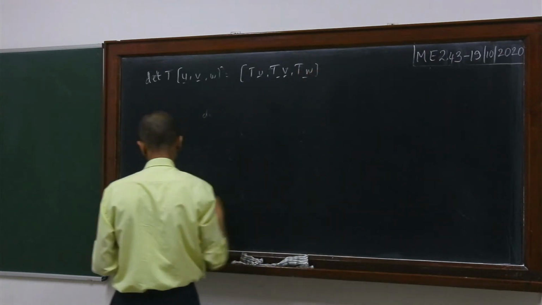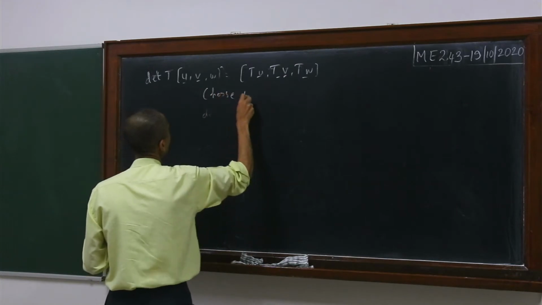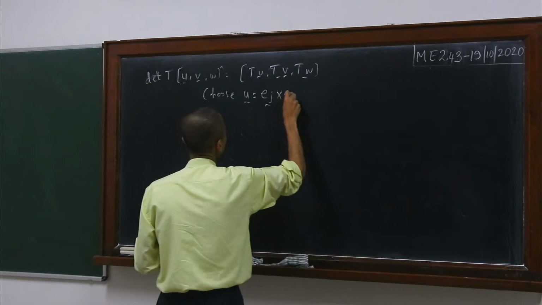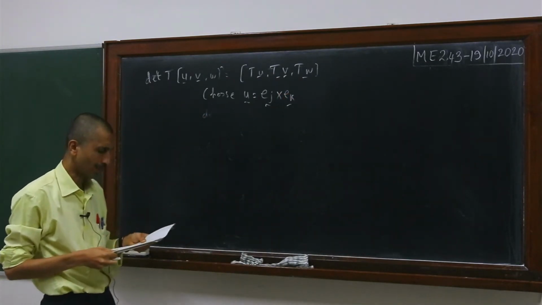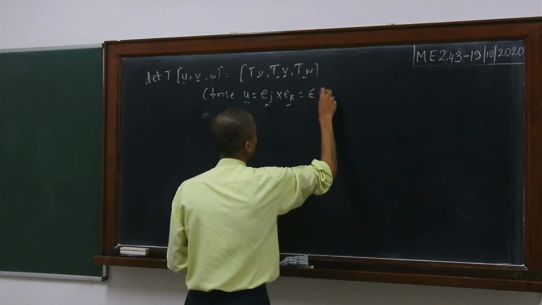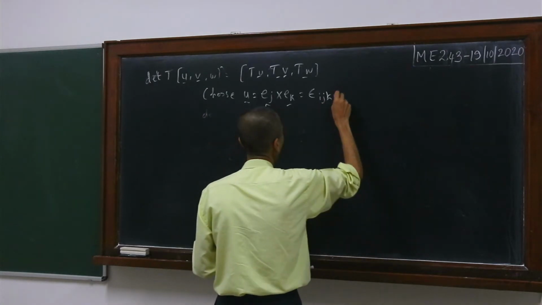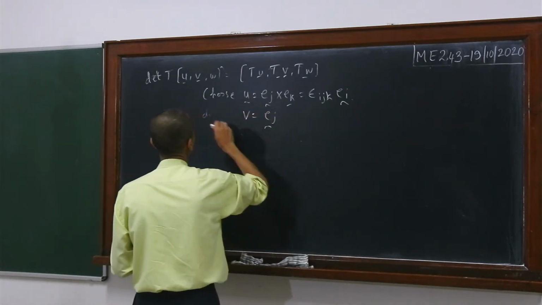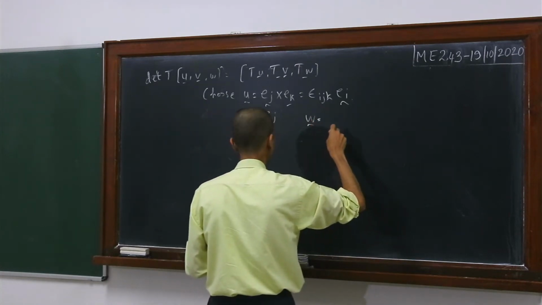In this, you choose U to be equal to e_j cross e_k. All these e_j, e_k that I am writing are a canonical basis. That is equal to epsilon_ijk times e_i. Then V is equal to e_j and W is equal to e_k.